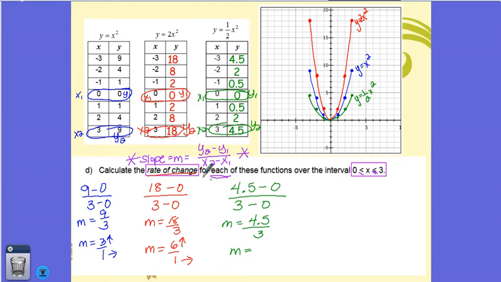So we have a slope of 1.5 over 1, or 3 over 2. And as we can see, this is definitely the least steep of a slope. I'm only increasing 1.5 boxes for every 1 box over in comparison to 6 or 3.